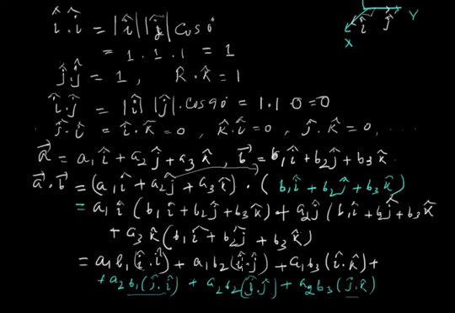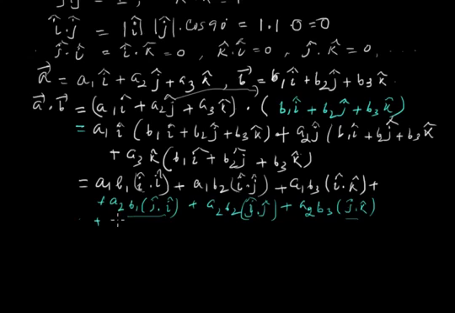And the third one, plus A3 B1 k dot I cap, A3 B2 k dot j cap, and then A3 B3 k dot k cap.